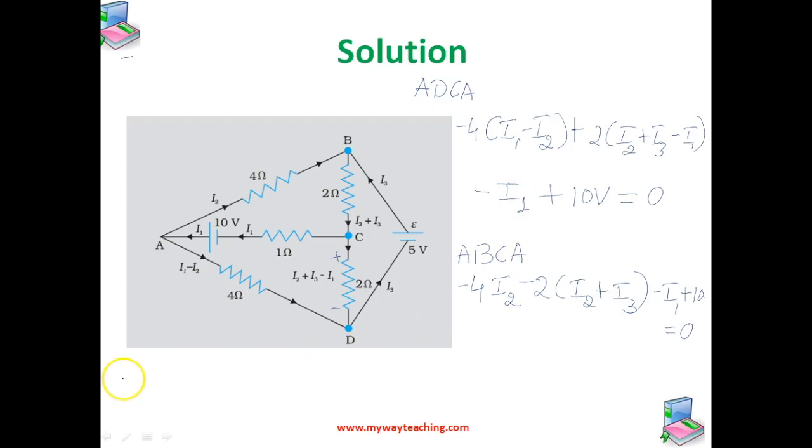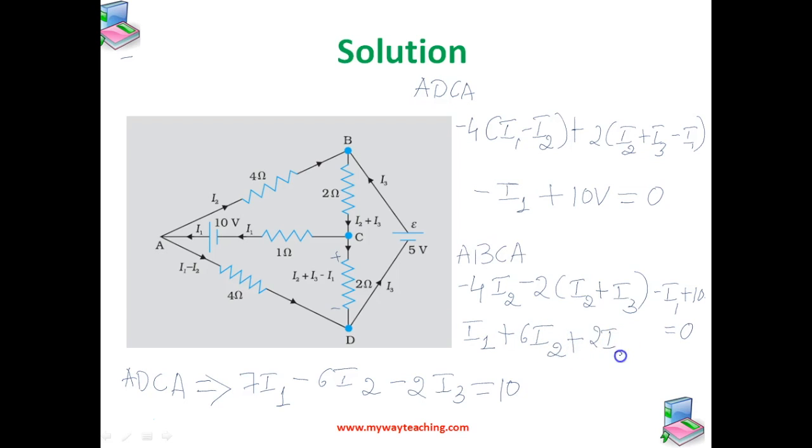So for the first loop, if you simplify, we get the equation 7I1 minus 6I2 minus 2I3 is equal to 10. And if you simplify this second equation, we get I1 plus 6I2 plus 2I3 is equal to 10.